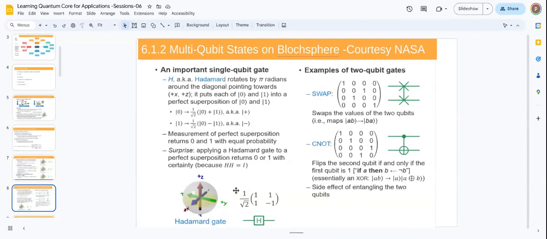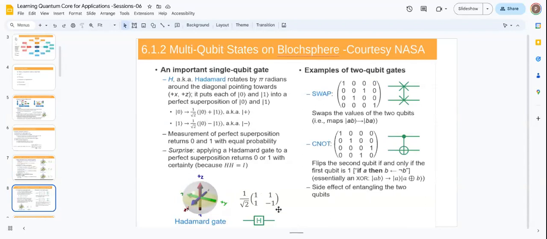If you apply a Hadamard gate to ket 0, you will get a superposition of 1 by root 2 of ket 0 and ket 1, and that will become plus.